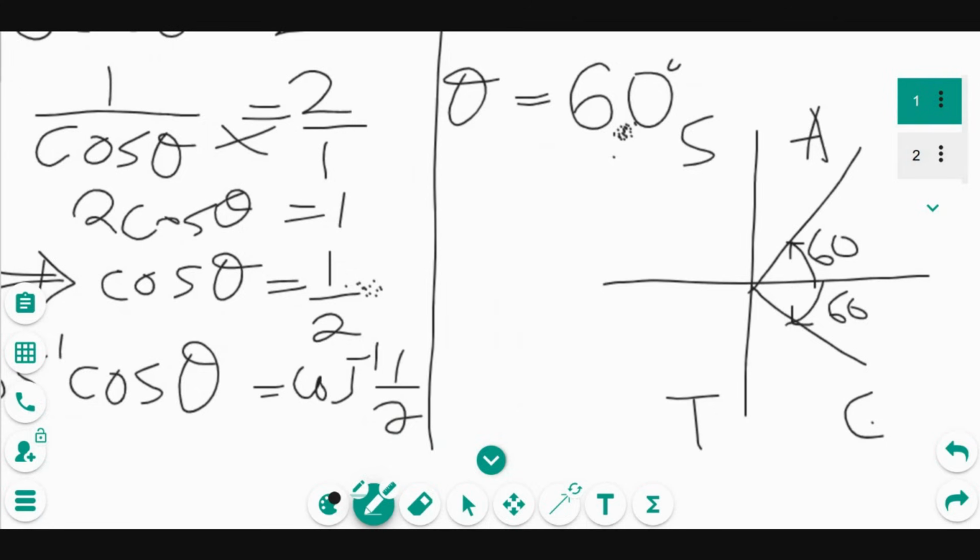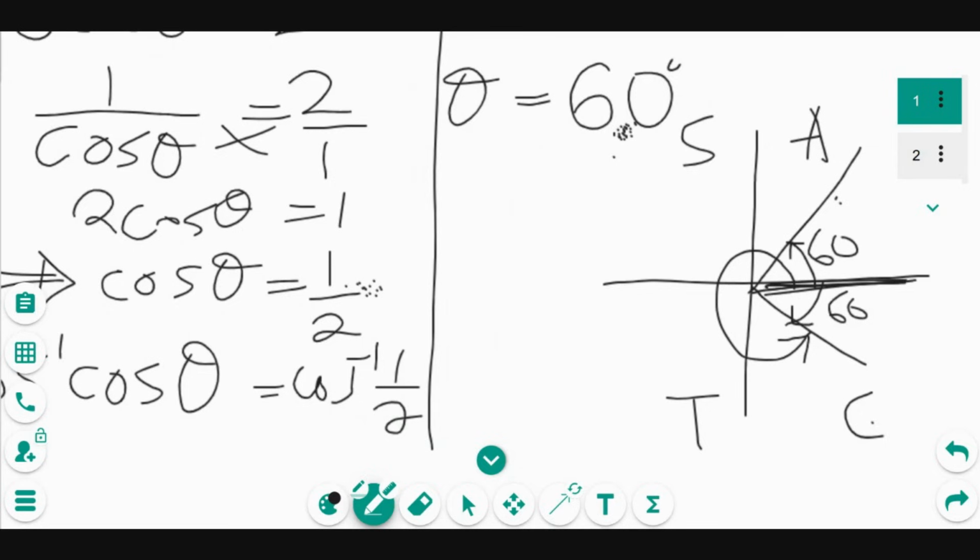After I measure, I make sure I measure all of them anti-clockwise from the positive x-axis. The first one, the 60, is already 60. It stays.